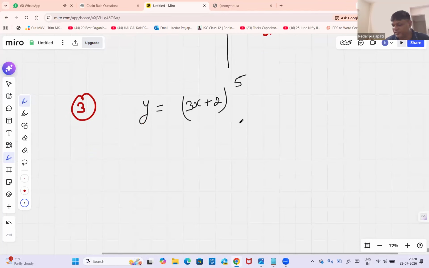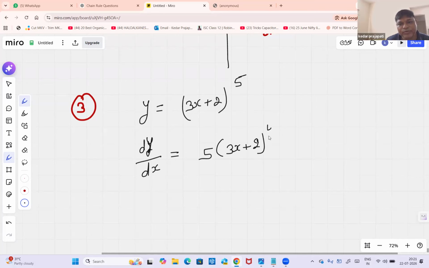Now I am asking dy by dx. It's 5 into (3x plus 2) to the power 4, because 5 minus 1 is 4, into d by dx of (3x plus 2).